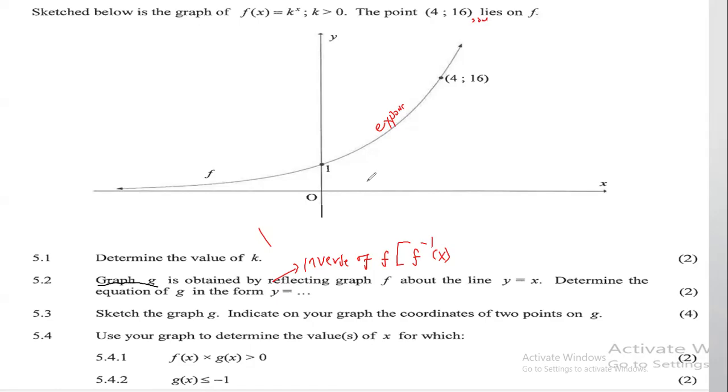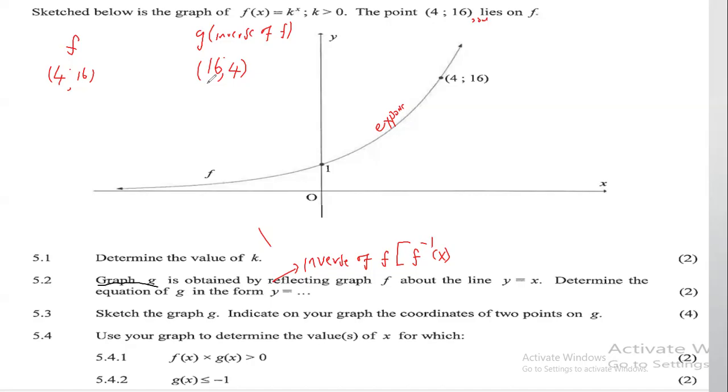Watch out. Look what I'm going to do. On the function f, I have the point (4, 16). Which means that on the function g, which is the inverse of f, I'm quite sure I have the point (16, 4). So it was simply a matter of swapping your coordinates.